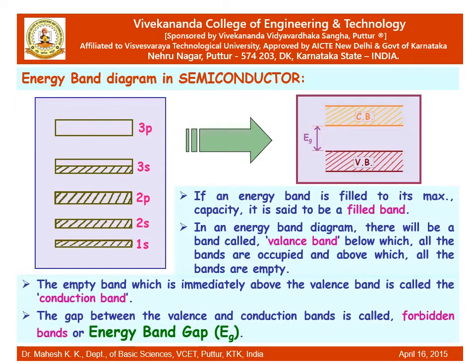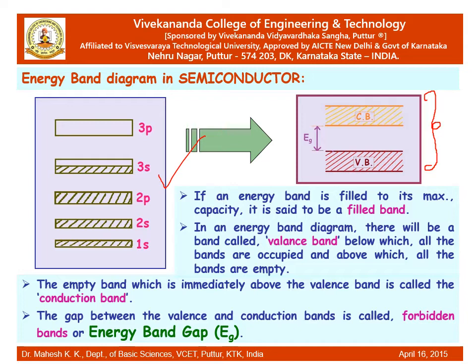So the origin of energy band gap, if we just generalize, then we can write the conduction band on the upper side and valence band on the lower side, and the gap between them we call the energy band gap. If the energy band is filled to its maximum capacity, then it is said to be a filled band.